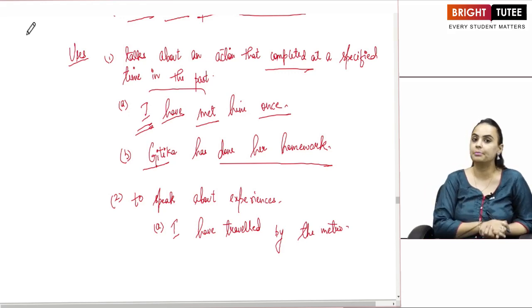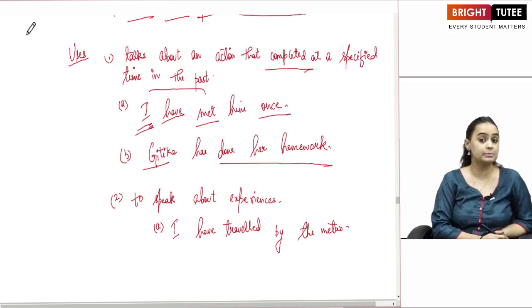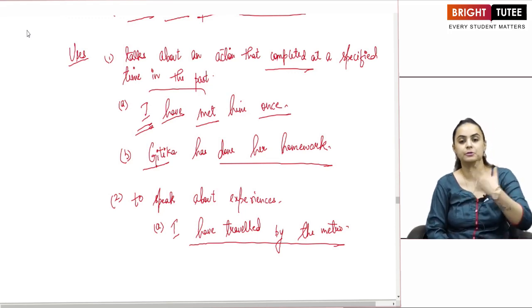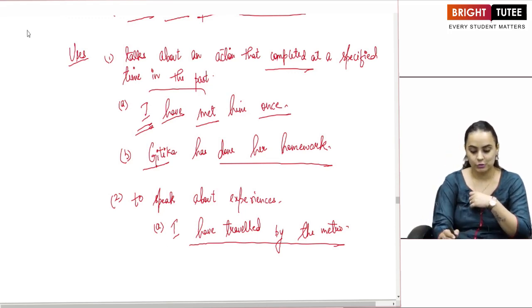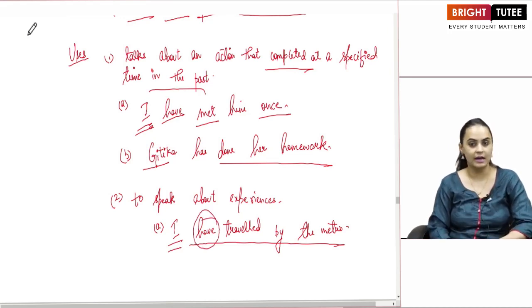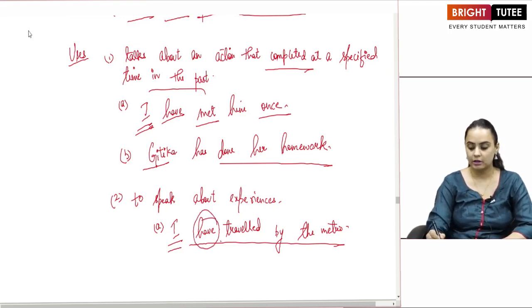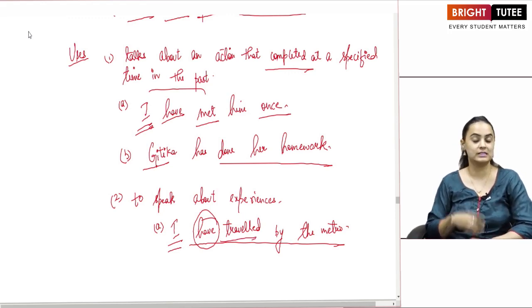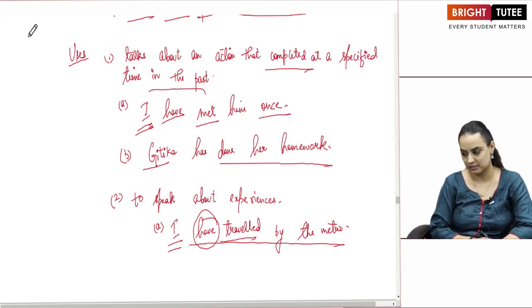Now this is something which was talking about some experience, that I have traveled by the metro. This is an experience that I am sharing. So I plus have, since with I we always use have. Third form of the verb, that is traveled by the metro. So this is an experience that you are sharing with someone.